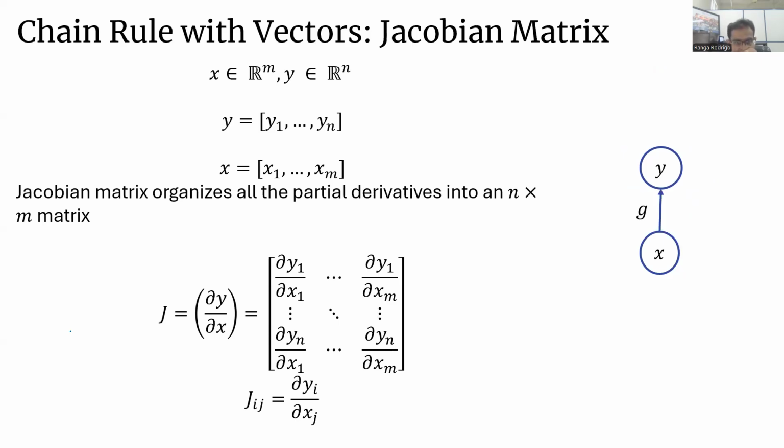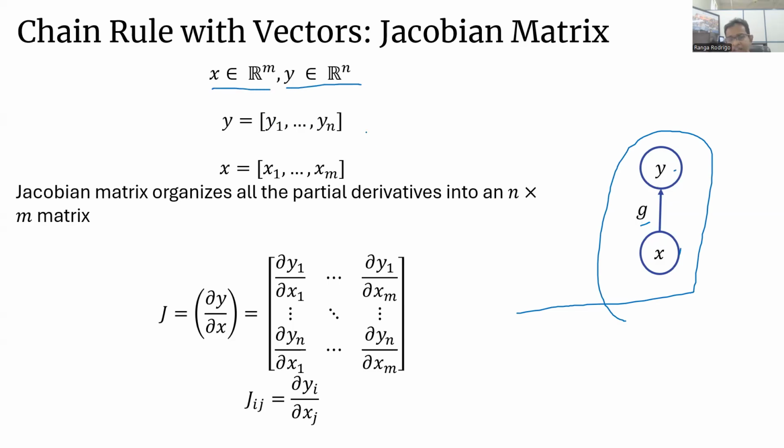Okay. Now, if you have x and y as scalars, that one is easy. But if you have them as vectors, what is the situation? Now you can see the situation here. y is a function of x through g, but x is a vector of m numbers and y is a vector of n numbers.